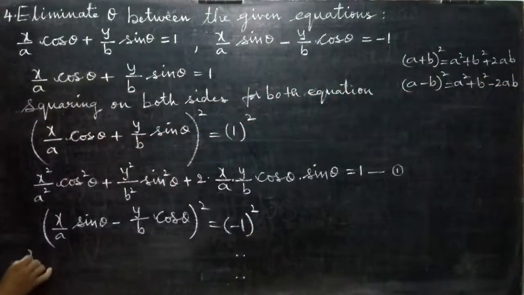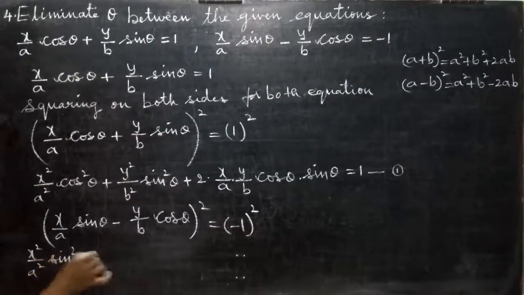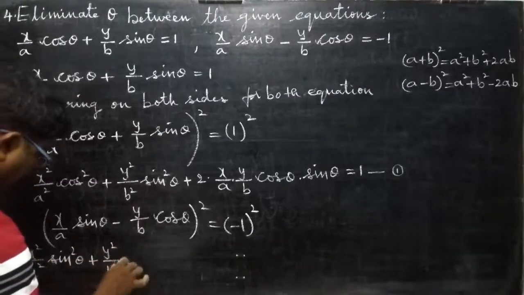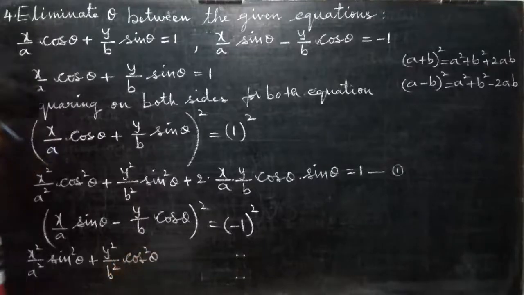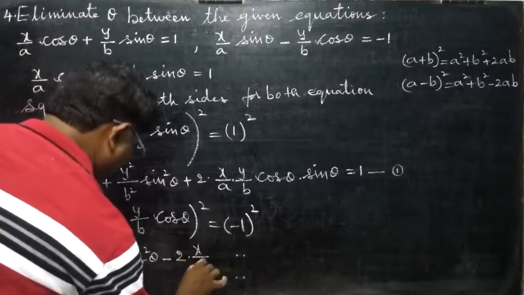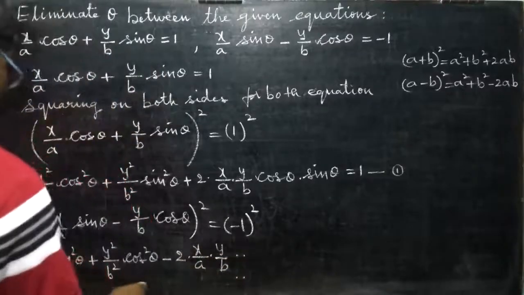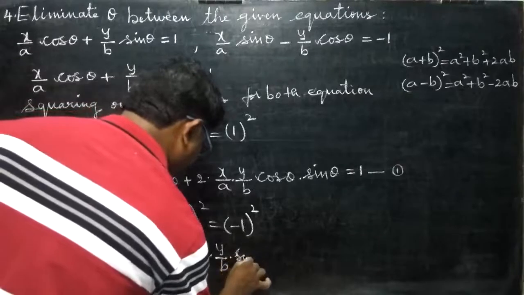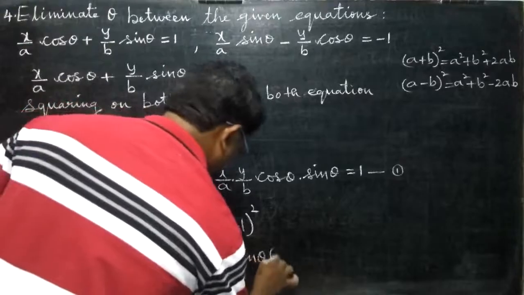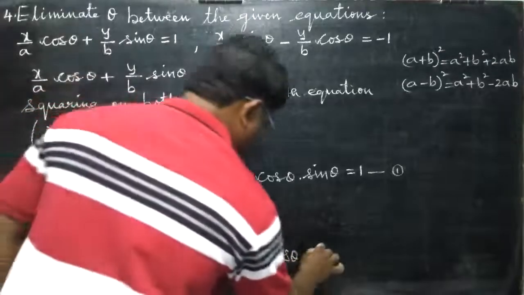So x square by a square sin square theta plus y square by b square cos square theta, a square b square completed, minus 2ab, that is minus 2 into x by a into y by b into sin theta into cos theta, is equal to minus into minus plus 1, ones are 1.